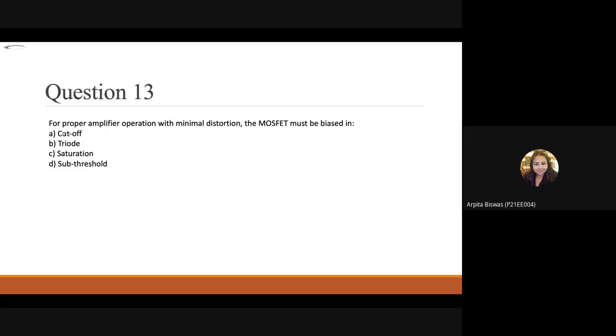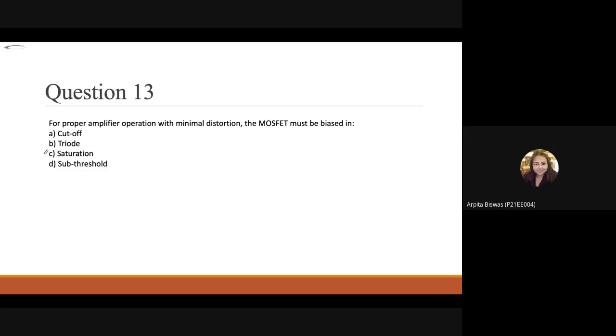This is the question 13. For proper amplifier operation with minimal distortion, the MOSFET must be biased in cutoff, triode, saturation, or subthreshold. So, what is the right option?